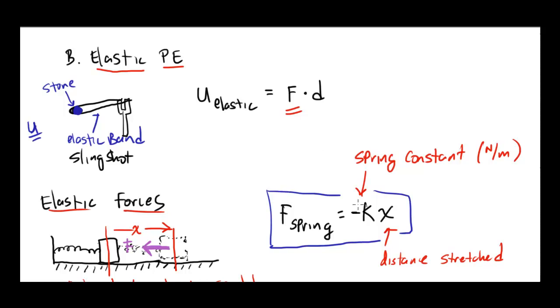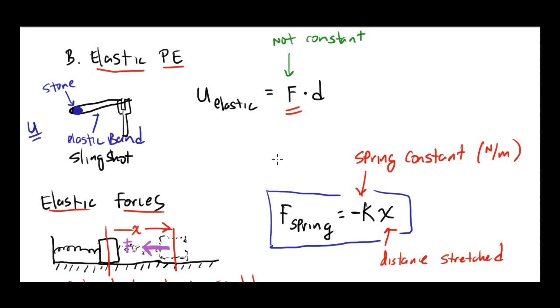The problem is that as I stretch this spring farther and farther, the force changes. In other words, the force is not going to be a constant value kx, because as I stretch it farther and farther, the force gets bigger and bigger. In other words, this spring force here in this problem is no longer a constant. Not constant.